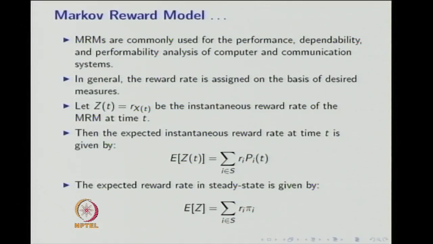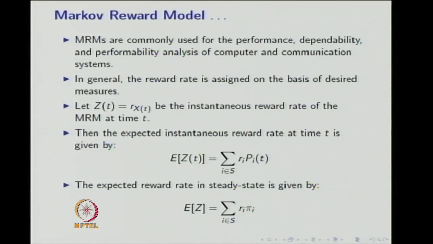Markov reward models are commonly used for the performance, dependability and performability analysis of computer and communication systems. In general, the reward rate is assigned on the basis of desired measures. Let Z of t, that is R_X(t), be the instantaneous reward rate of the Markov reward model at time t.